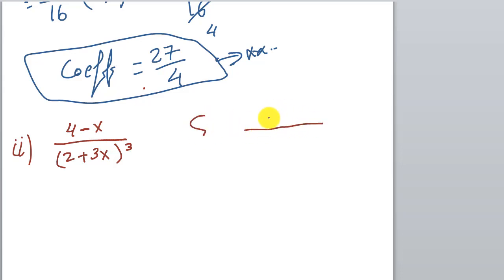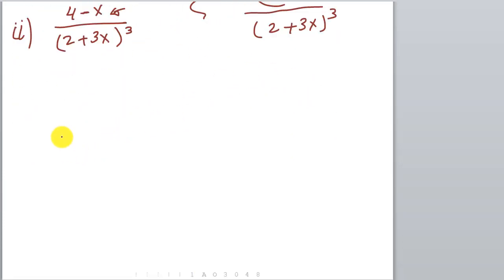And the main one is 1 divided by (2 + 3x) to the power 3. So now we multiply the main one by what? By 4 minus x. So we have 4 minus x.